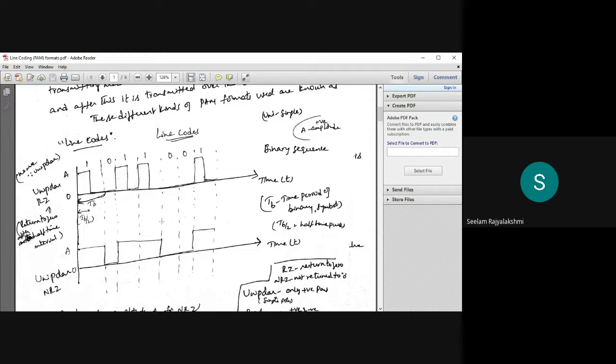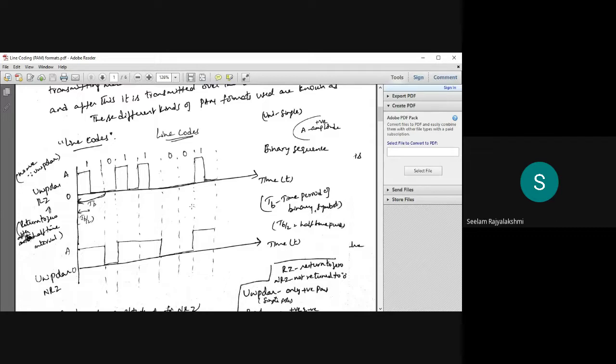So the DC value is not equal to 0 here, because we don't have any negative symbols below 0. DC value does not carry any information. It is all above the x-axis only, so it has some DC part.